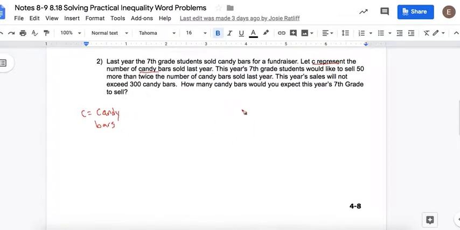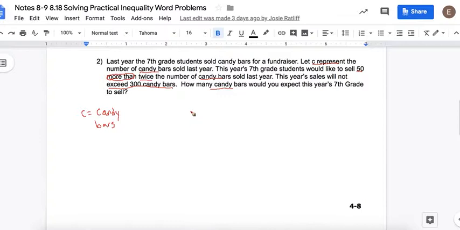This year, 7th grade students would like to sell 50 more than, I'm going to circle that because it's a switch around word, twice the number of candy bars sold last year. The sales will not exceed $300. That means it won't go over $300. How many candy bars would you expect this year?